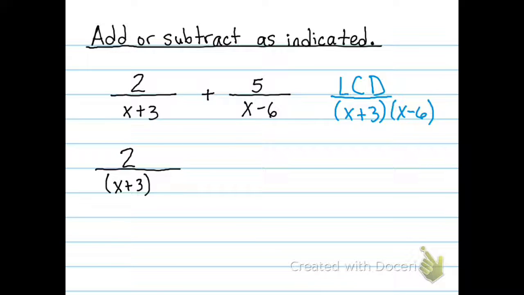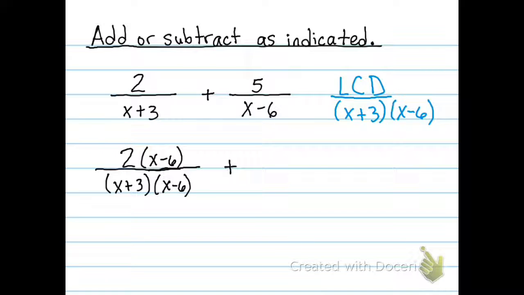And so we need to multiply the numerator by x minus 6 and the denominator. All right, if you multiply the same non-zero number to both the numerator and denominator, you're not going to change this value. And you can see now the denominator is x plus 3 times x minus 6, which is the LCD.